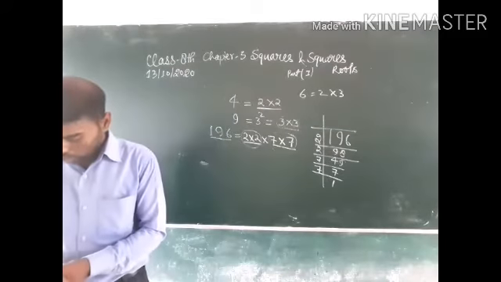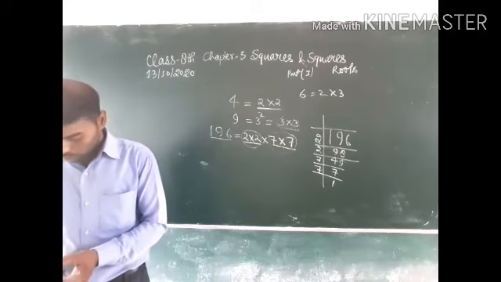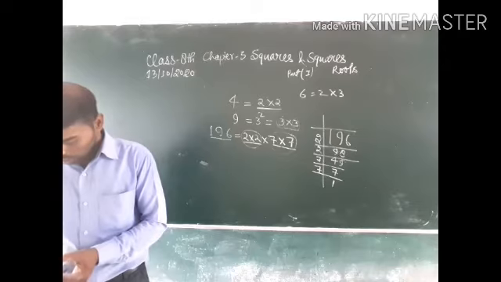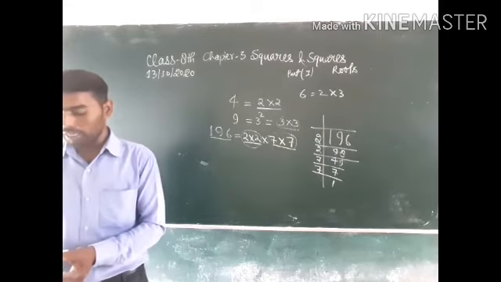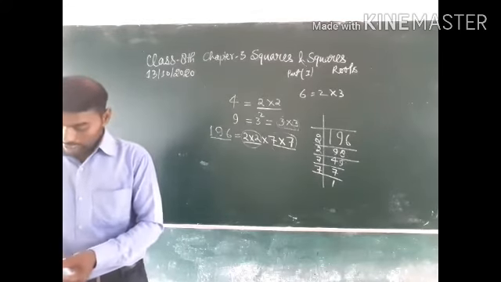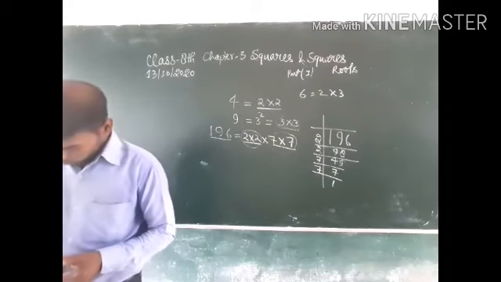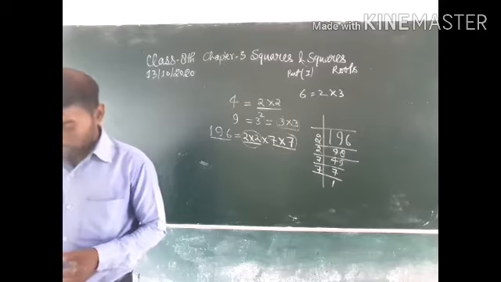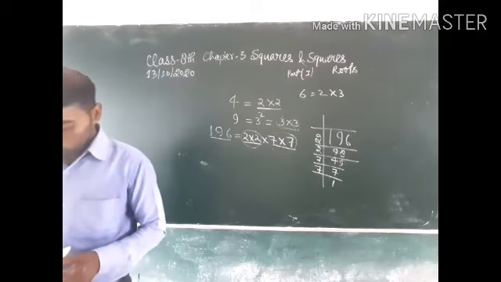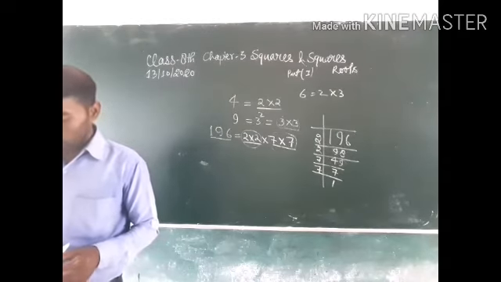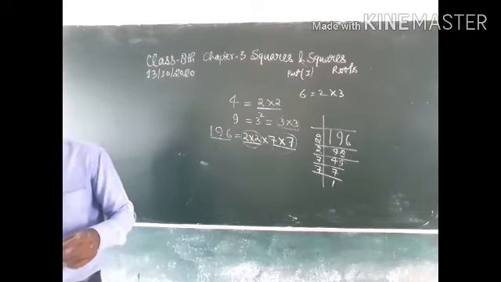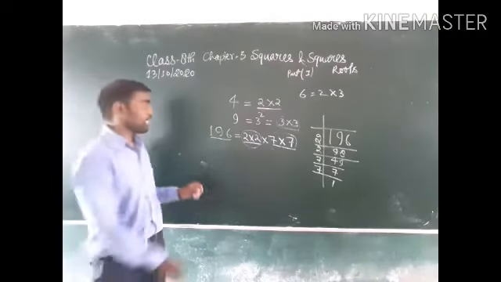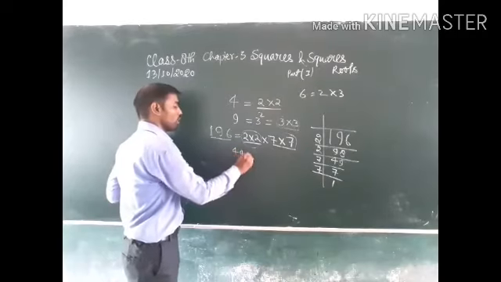Question number 1 and question number 2. In question number 1, using the prime factorization method, find which of the following numbers are perfect squares. So question number 1 is 441.